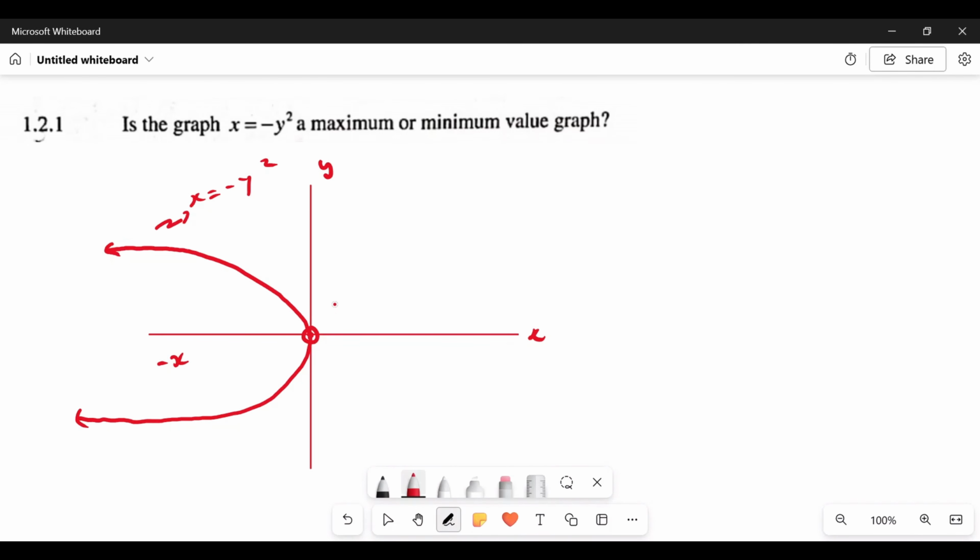So this x here is our turning point, whose coordinate equals 0. There's no other point here that is bigger than x when it's 0. So we can say this graph here has a maximum. From there, going this way, all the x values at this point are minimum.